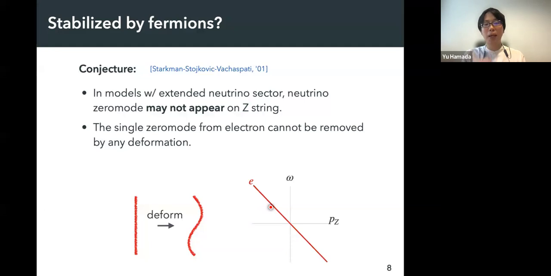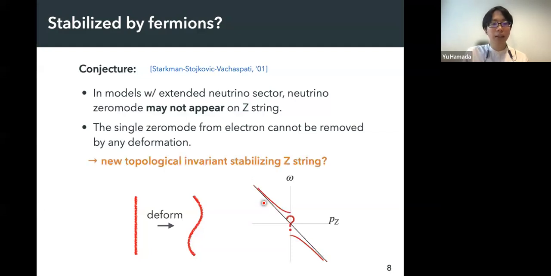So this implies that there is some topological invariant behind this object. In other words, they conjectured some new topological invariant in this theory, and this can topologically stabilize the Z string.